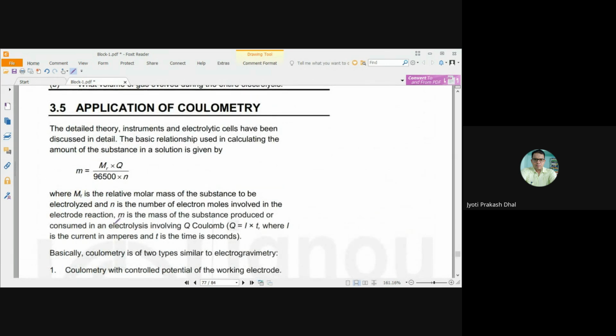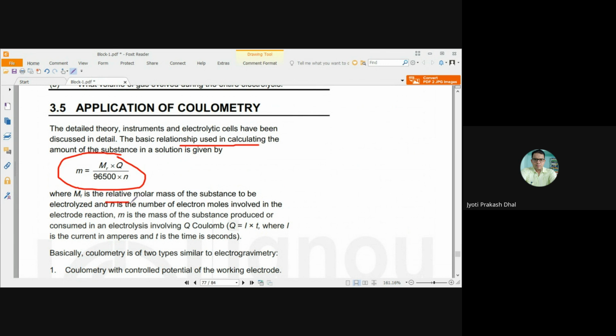Now we'll move to the application of coulometry. In the detailed theory, instrumentation and electrolytic cell have been discussed. The basic relationship used for calculating the amount of the substance is M equals Mr into Q divided by 96,500 into n.